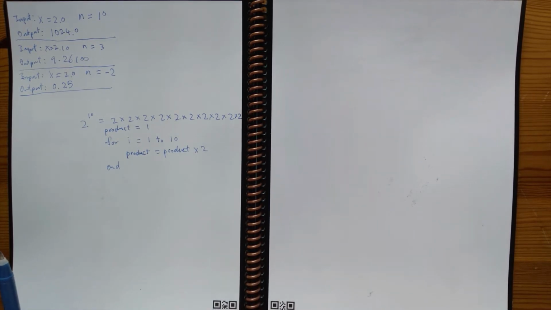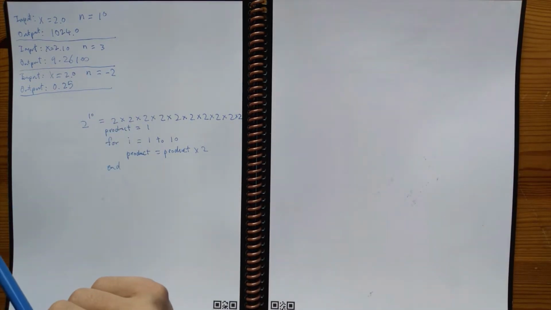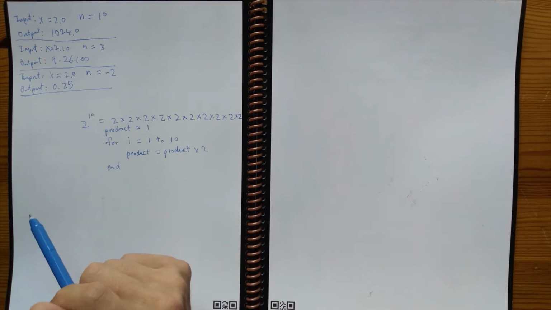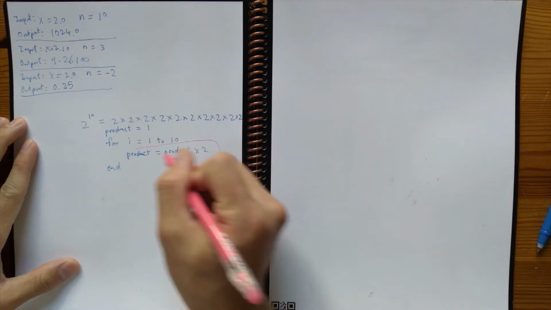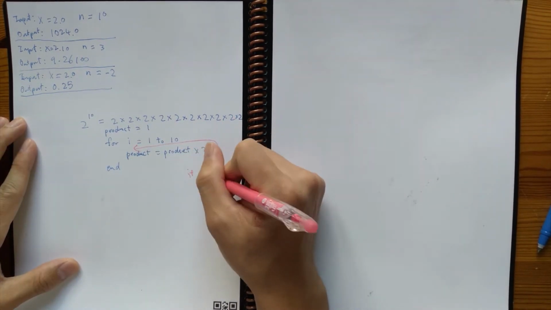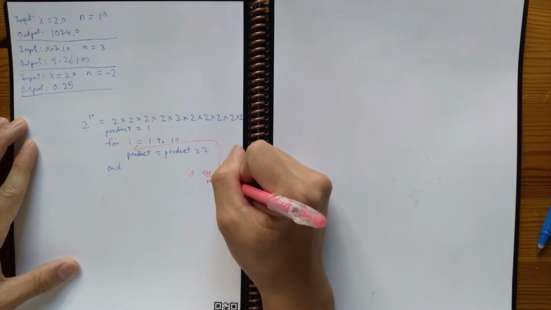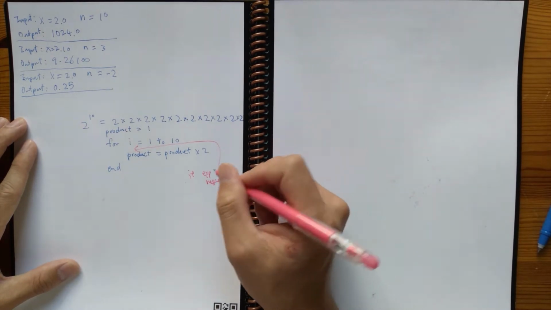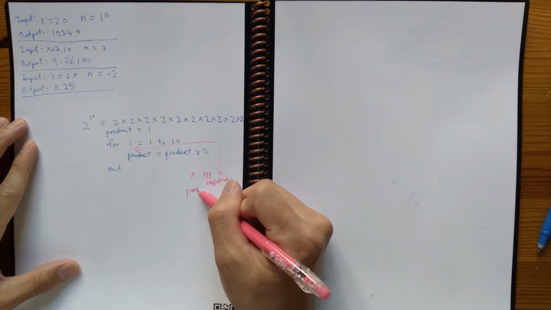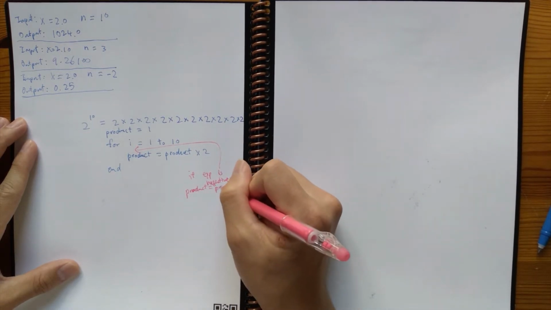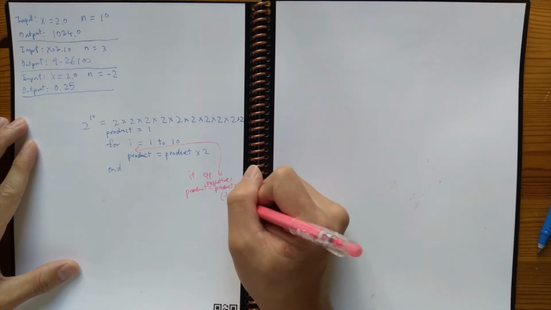However, that doesn't work if the exponent is negative. So in the case where the exponent is negative, we should multiply it by, if the exponent is negative, then we actually want to do product equals product times 1 over 2.